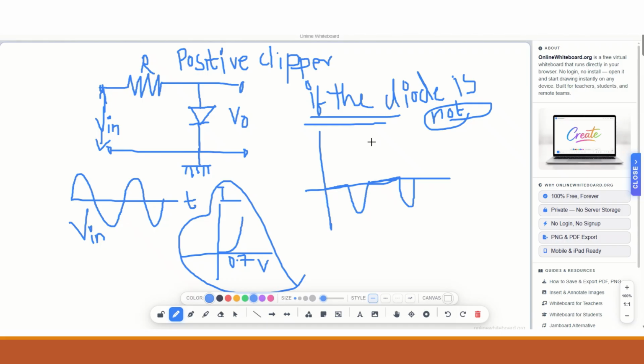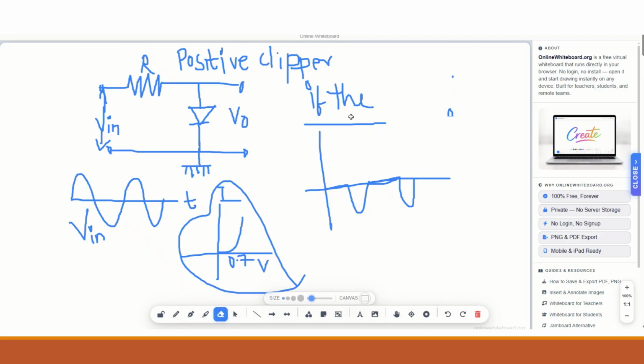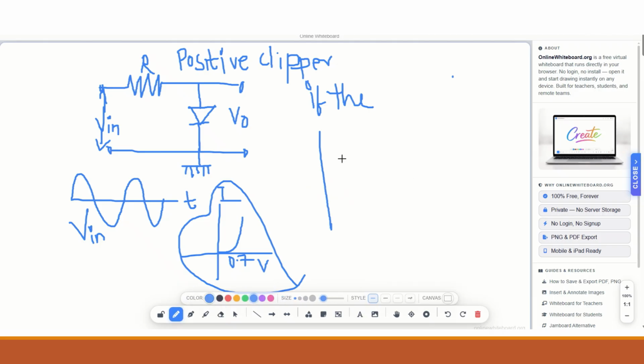So if you are considering the practical scenario, if you are using a practical diode, you will get a waveform like this.